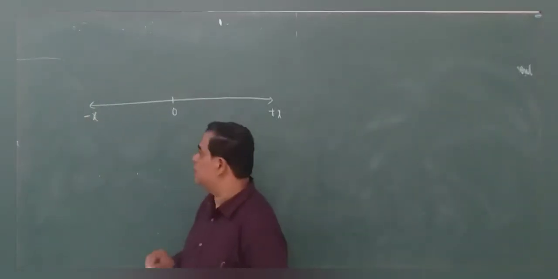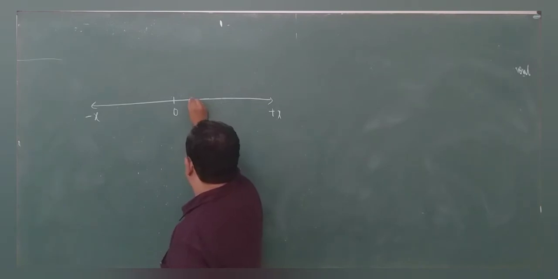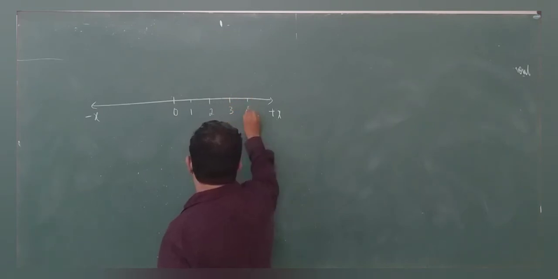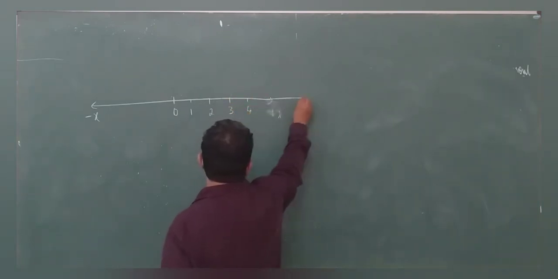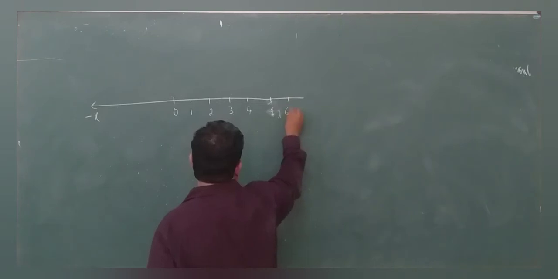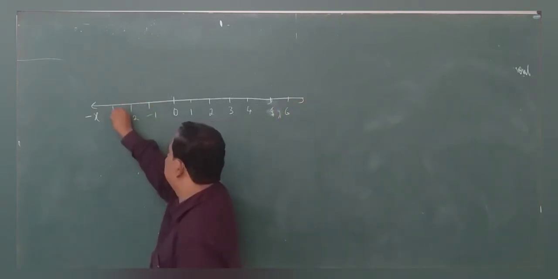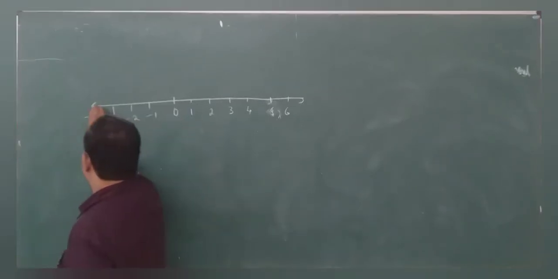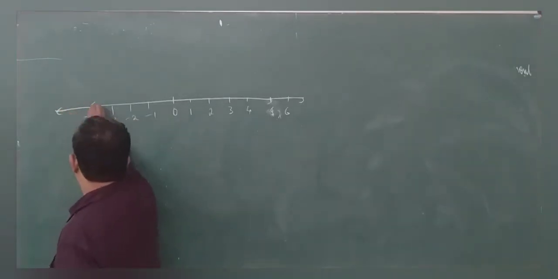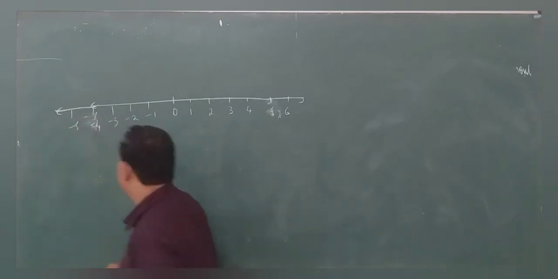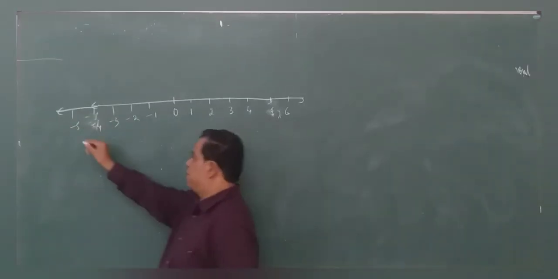And I mark distances in kilometers to give you some examples. This is -1, -2, -3, and it goes on like this, -4, -5, on the negative x-axis.